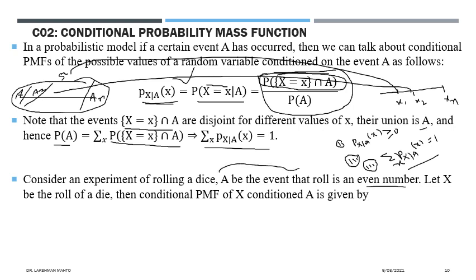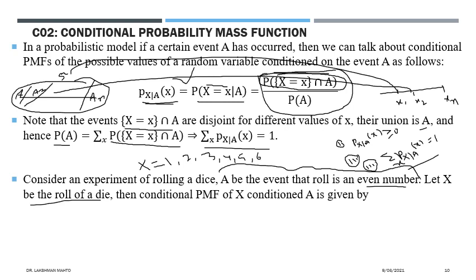So this we have already observed. Roll is an even number. This A is the event. Now we are defining here a random variable X, it is talking about the roll of the dice. So if you don't focus over here, then X will take 6 values: 1, 2, 3, 4, 5, 6.